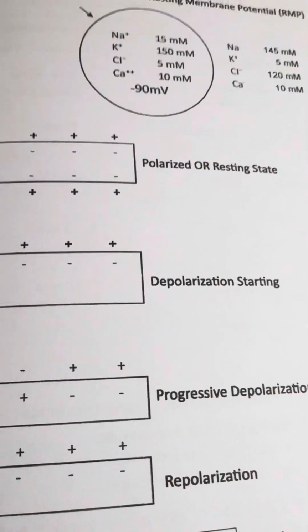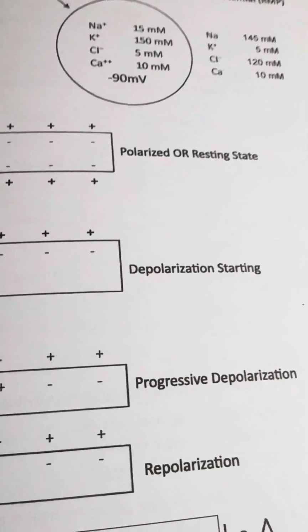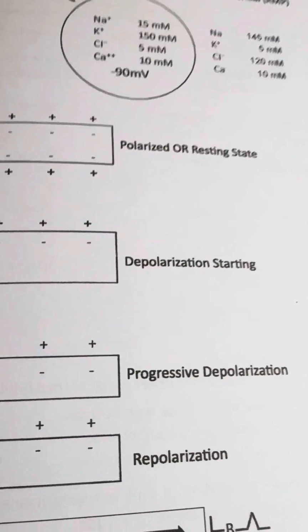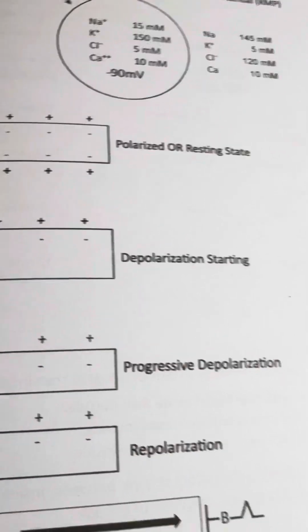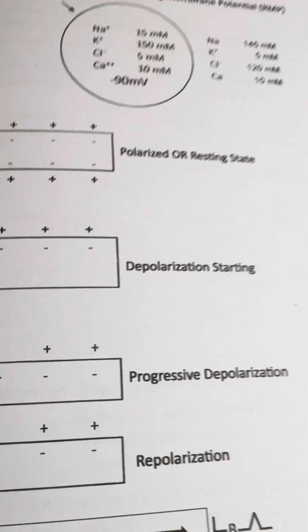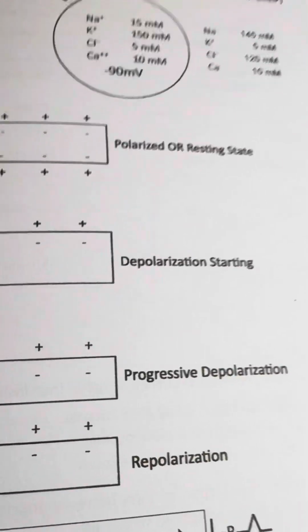This state is known as the resting state, or resting membrane potential. If somebody says resting membrane potential, he means that inside it is minus 90 millivolt.